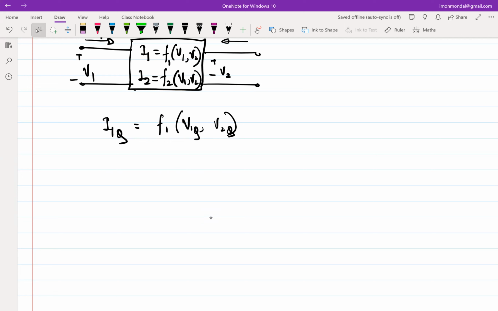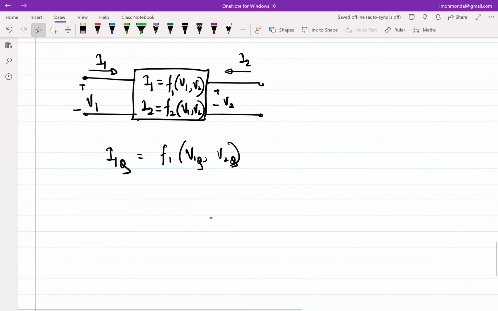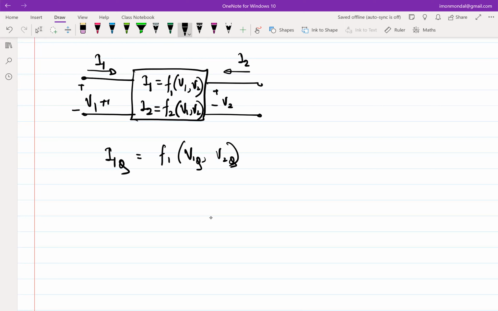Take the two-port as a vehicle to analyze them. So let's assume we have applied an incremental voltage somewhere, because of which the port voltage V1 is increased from V1Q to V1Q plus delta V1, and V2Q to V2Q plus delta V2.